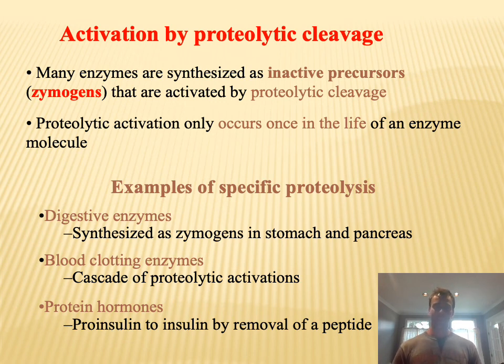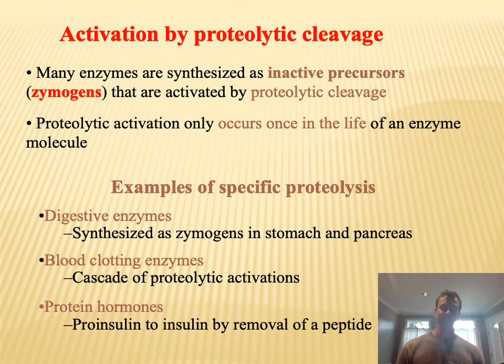So why would we ever do this? Well, for some of these digestive enzymes, when they're translated by the ribosome, you wouldn't want an active protease or active digestive enzyme chewing everything up as soon as it's made. So it's synthesized as an inactive form, and then once it reaches the point in the body where it needs to be used, it gets cleaved and activated.